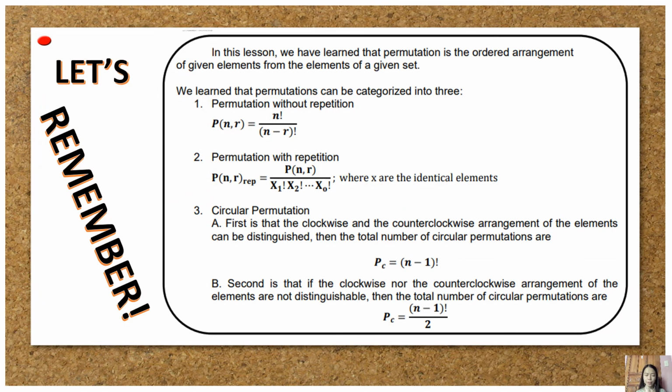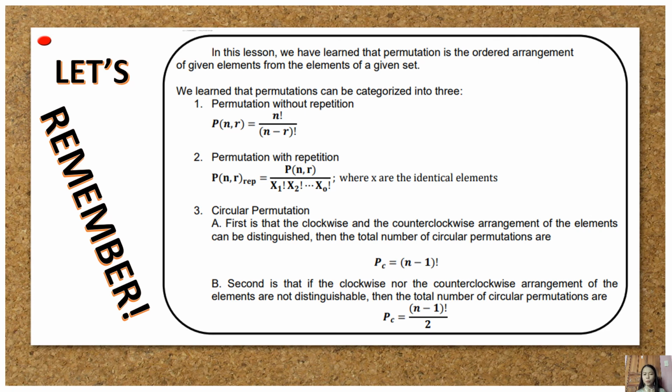Let's remember that permutation is the ordered arrangement of given elements from the elements of a given set. The first one to consider is the counting principle or the fundamental counting principle, wherein you can apply that if the given are independent with each other.